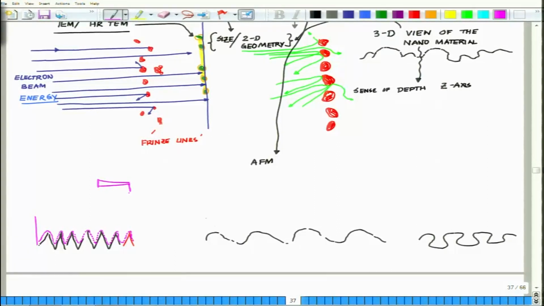Or say for example, this tip is now traveling like this, and you can do it in multiple ways. I am just giving a very simplistic view of AFM, something like this. So, this could be done in two ways: you can keep it fixed or you can tap it.